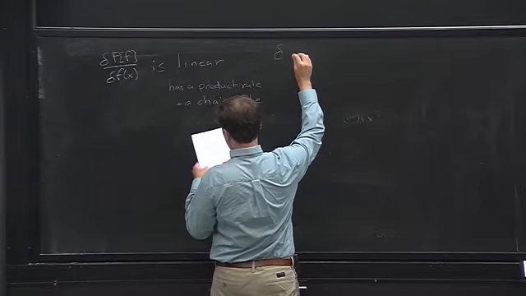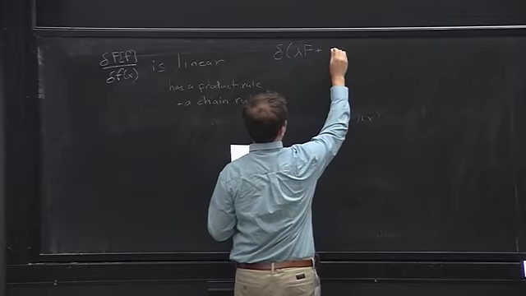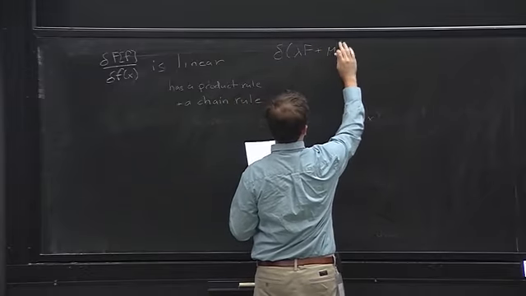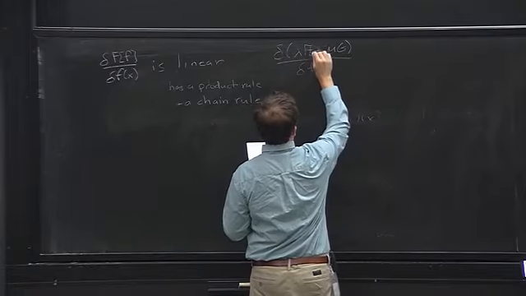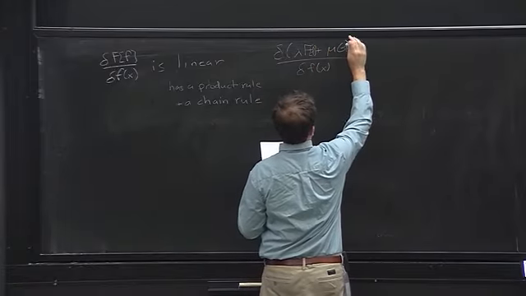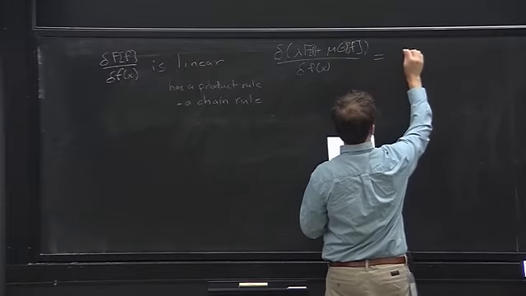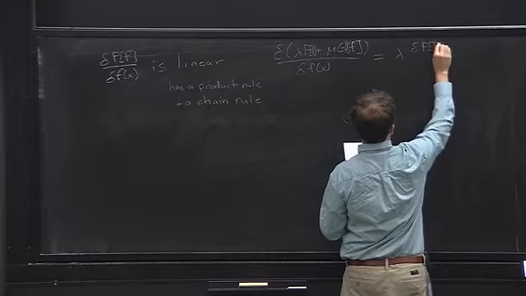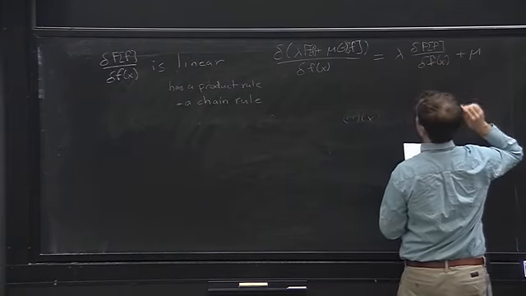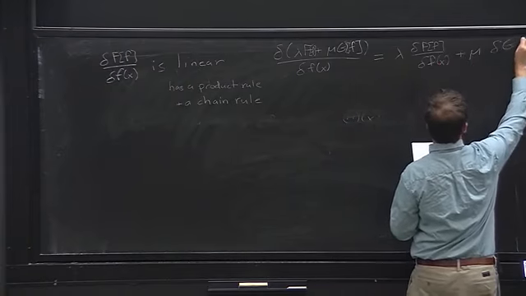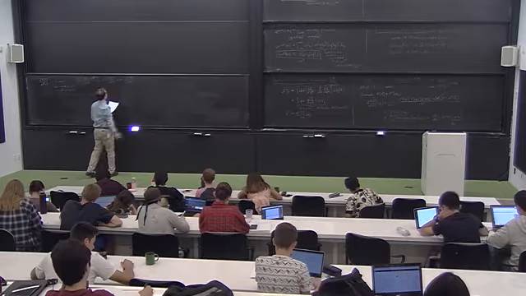I'll write them. So linear means that if we take a linear combination of two functionals multiplied by some complex numbers, these are both functionals of f, then we just get lambda times the functional derivative of f with respect to f plus the other constant times the functional derivative of g with respect to f.